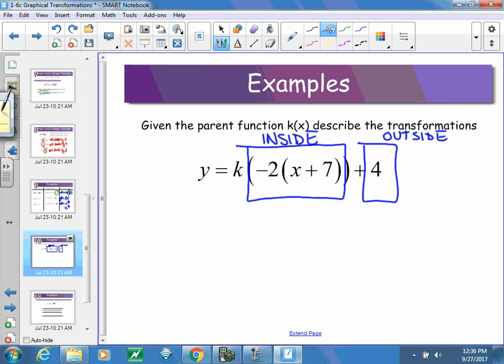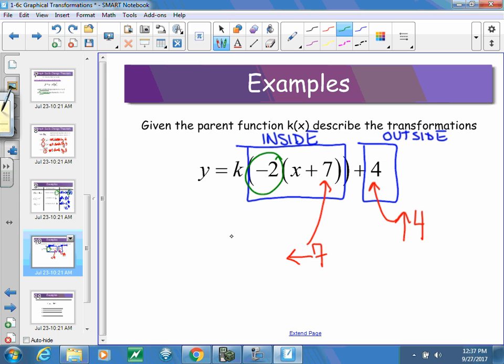So to identify what's happening, first of all, that x plus 7 says that we are shifting our graph to the left 7 units. The plus 4 that's on the outside tells us we're going to move our graph up 4 units. And then you have this -2 that's over here.